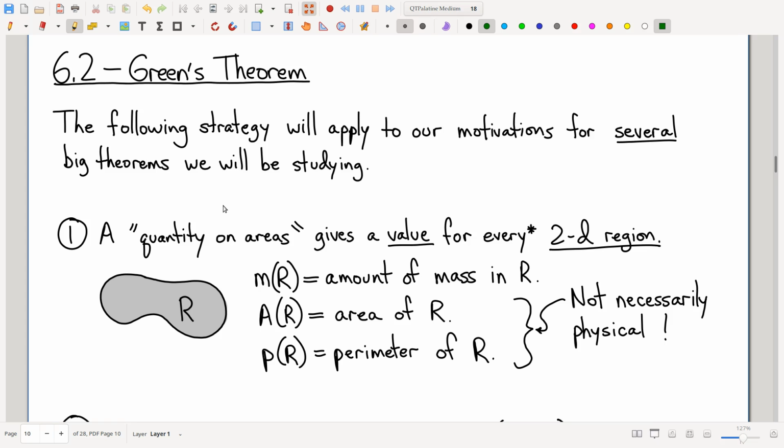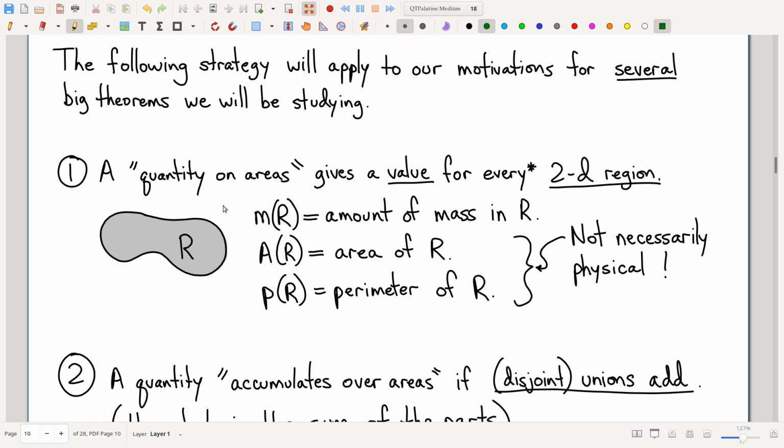The next 2 pages of notes, arguably 3 depending on how you count, are a general discussion, setting up a point of view and a framework, with general points that will apply to a bunch of different theorems. So please be patient with me on this. It is going to seem a little tedious. It is going to seem like, what are we doing here? Where are we going with this? This seems pointless. I know it does seem that way, but it's really not. This is actually a really powerful set of ideas. Okay, so that said, here we go.